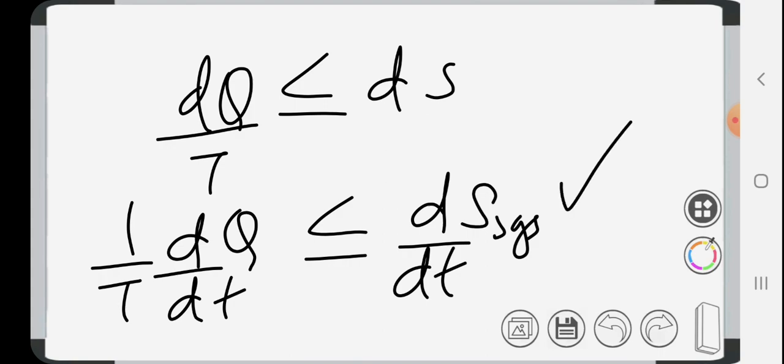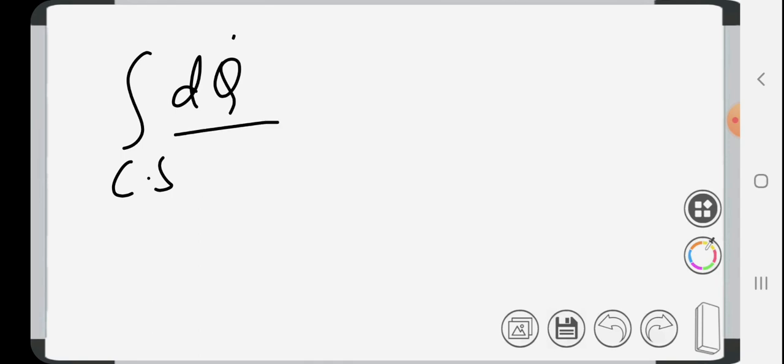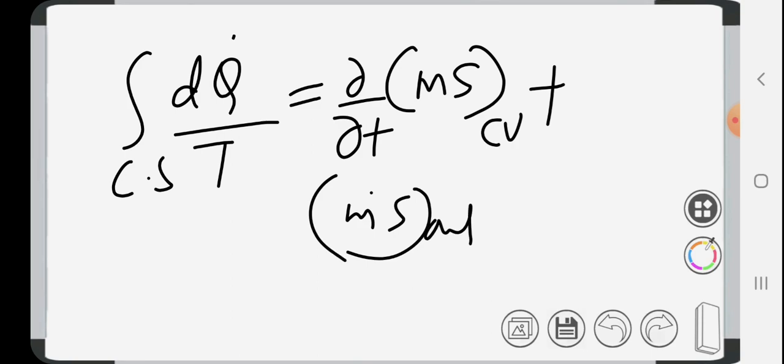So this is the system approach. In case of a control volume, you can write over the control surface, dq dot by T will be equal to ∂/∂t of m s over the control volume plus m dot s out minus m dot s in.